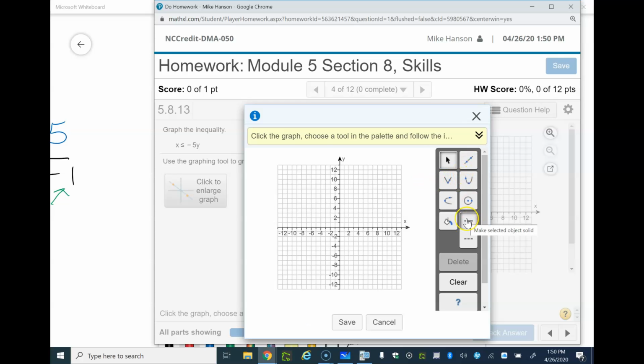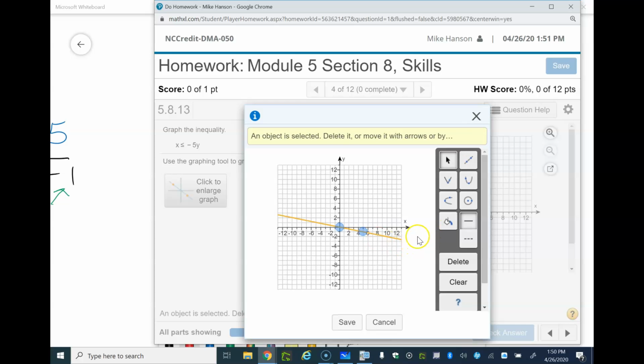So here is considered to be the solid line, and this is considered to be the dashed line. So we click the line tool, and it's already marked on solid. So we go to our first point, look up here in the top right hand corner, and make sure it says 0, 0 before you click. The next one will be 5, negative 1. So we click here.